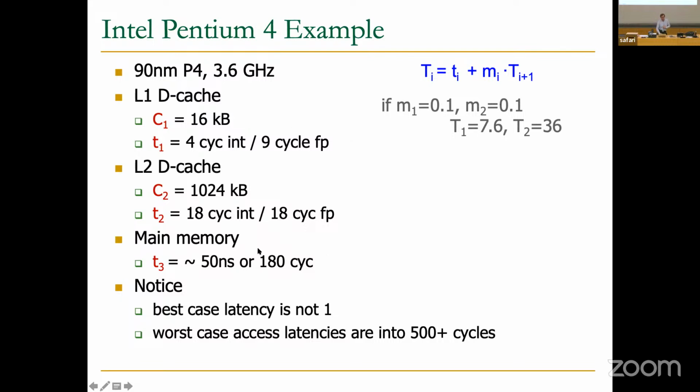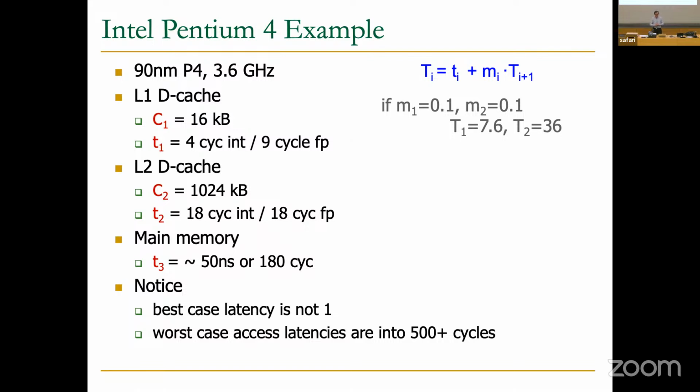For them, you get 180 cycles. So if you do the multiplication, if you do the hierarchical latency analysis, the perceived access time of the second level is 36, and the first level is 7.6. Does that make sense? So it's essentially 4 plus 0.1 times 18 plus 0.01 times 180.